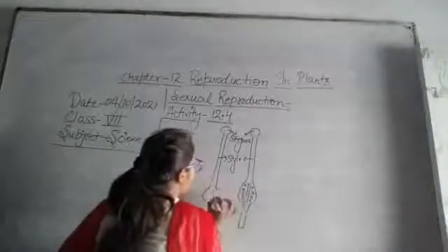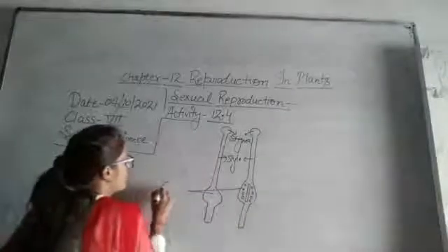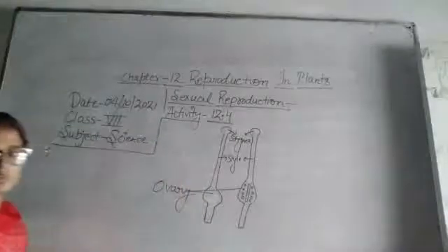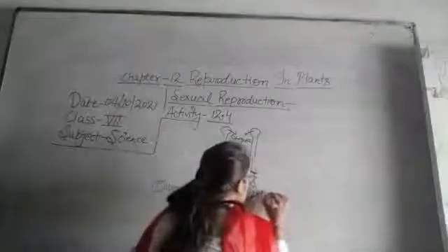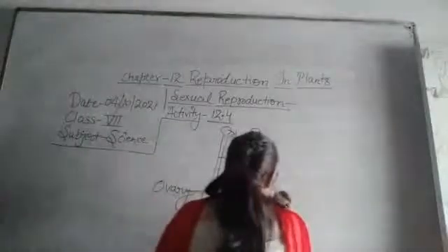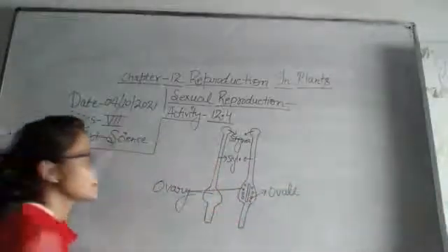And this is ovary. And this dot is known as ovule. Ovule means egg.